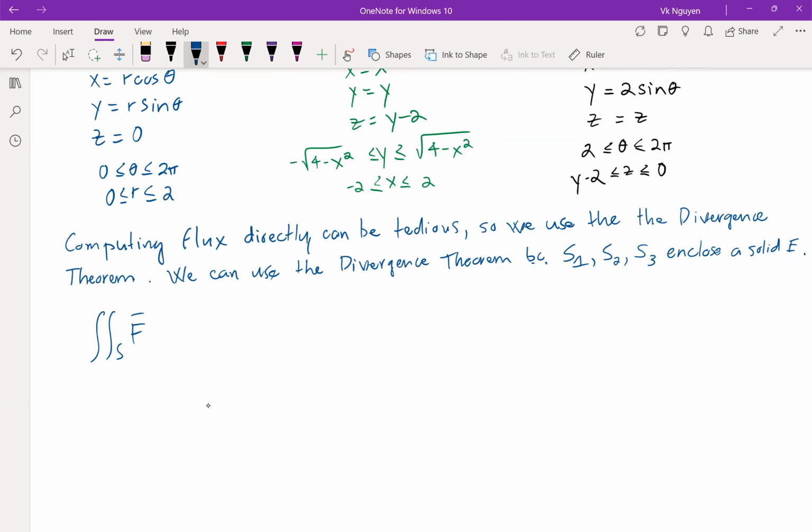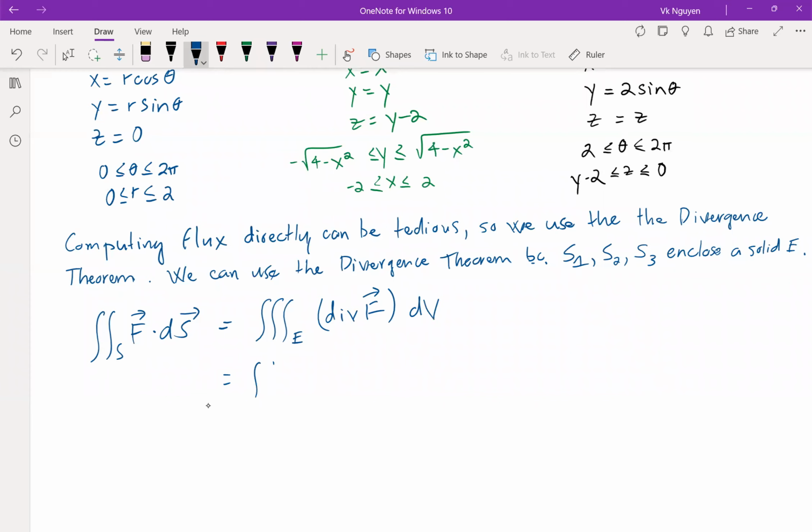So the flux, the surface integral of F dot dS, is equal to the triple integral over E of div F dV. It's a good review too on how to compute the volume of a solid.